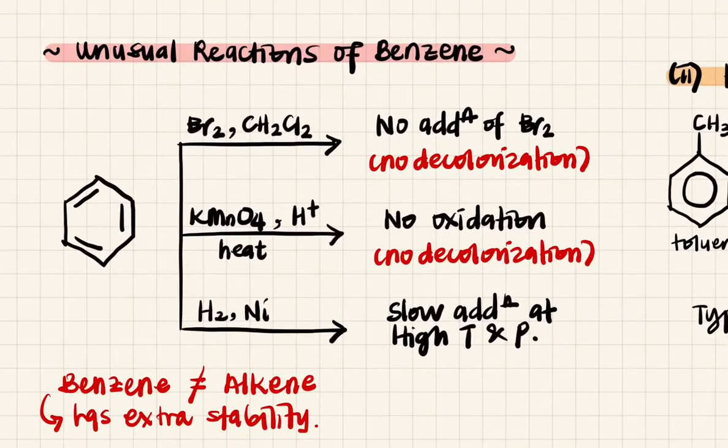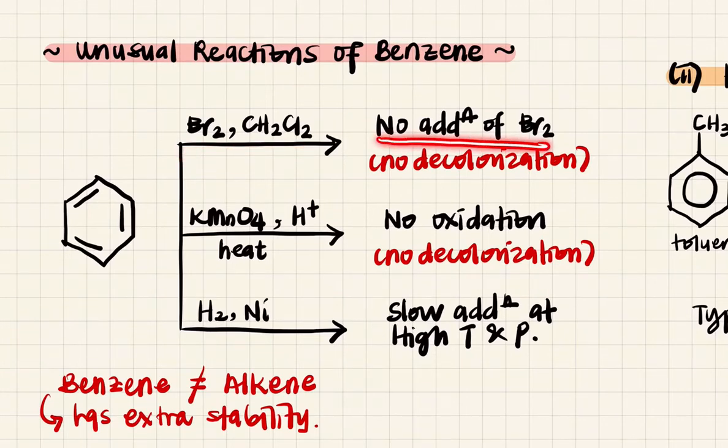So you have a few unusual reactions of benzene, okay? Kalau awak ada alkene, kan, bila awak undergo bromination, awak akan dapat Br, Br, kan? Dekat awak punya double bond. Betul? Awak akan ada decolorization sebab awak punya bromine reddish brown color tu decolorize. Tapi when you have benzene, okay, and you do this reaction, bromination, there is no reaction.